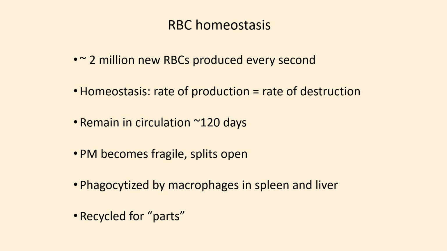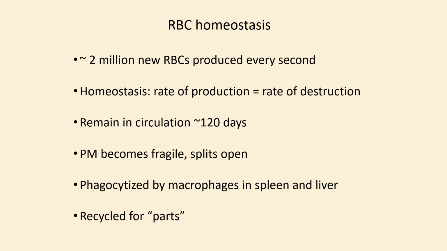Red blood cell homeostasis. As I mentioned earlier, our red blood cells have virtually no capacity to regenerate themselves, to repair their plasma membrane. So they have this finite lifespan. And as their plasma membrane starts to degenerate, they become leaky and they get taken out of circulation.